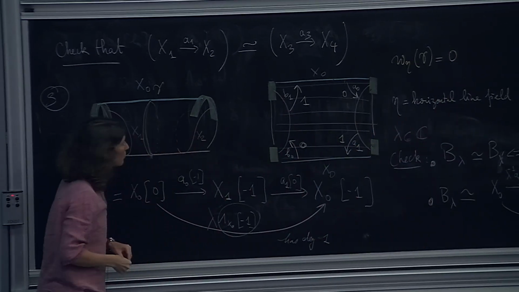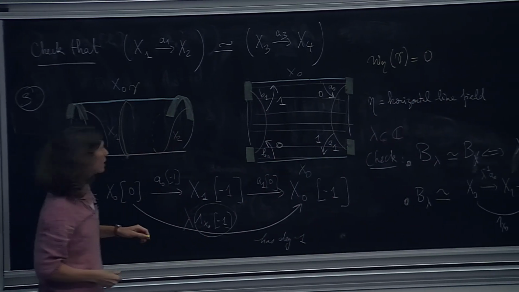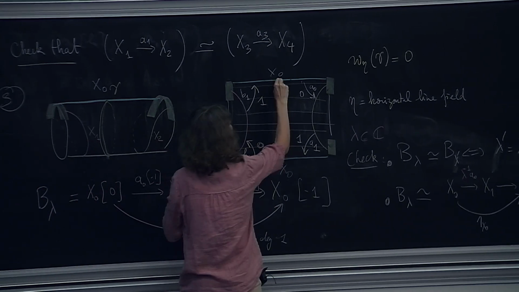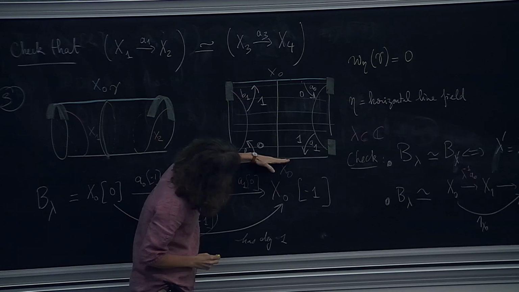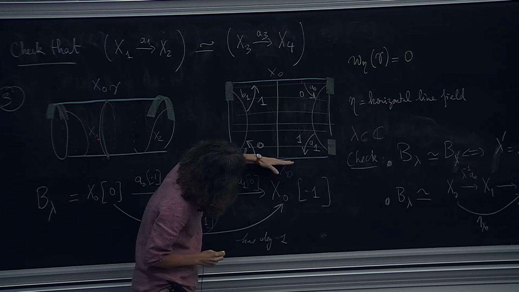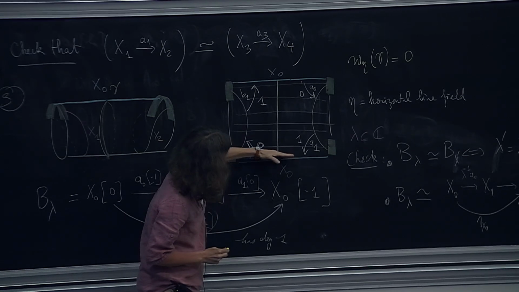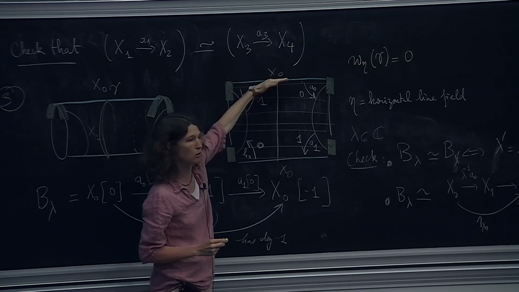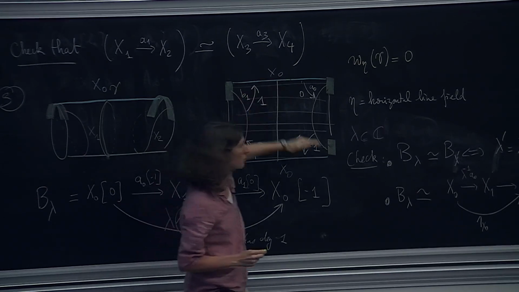The winding number of this curve is: you follow the line field along the curve, and I count how many half turns I do. And here I do 0 half turns, so the winding number is 0.